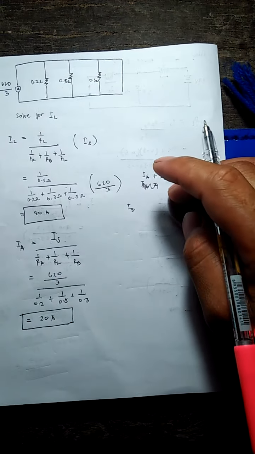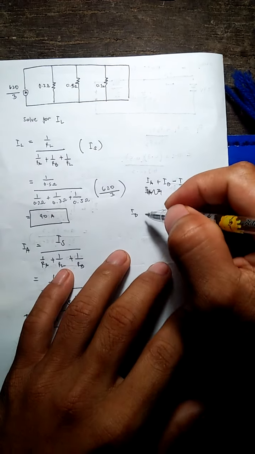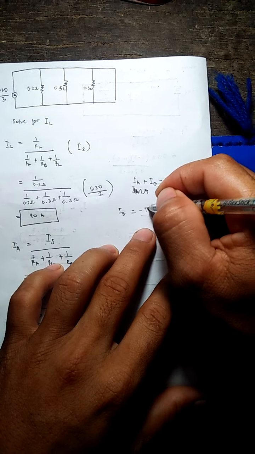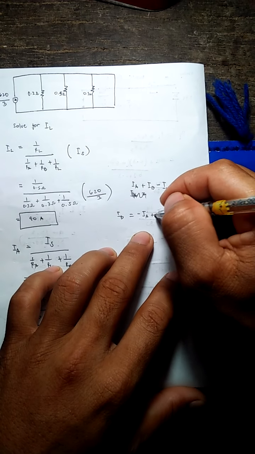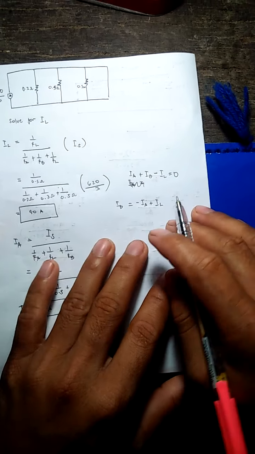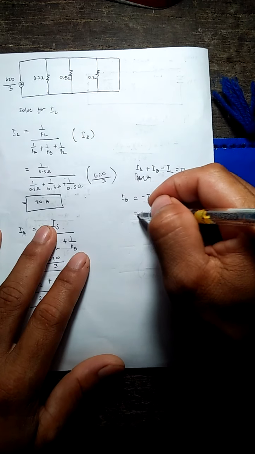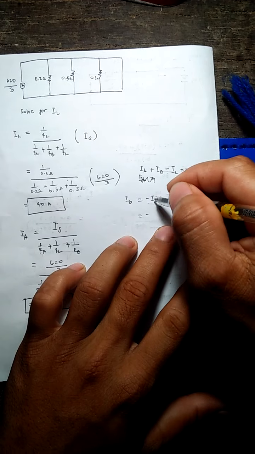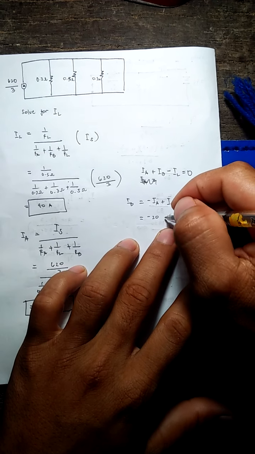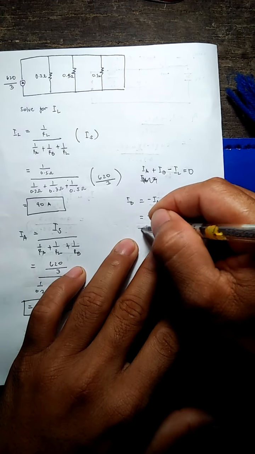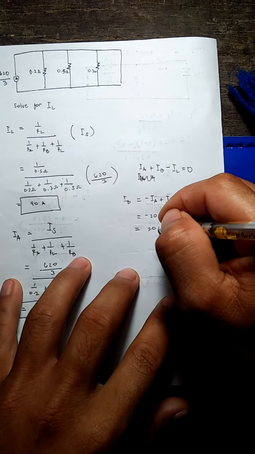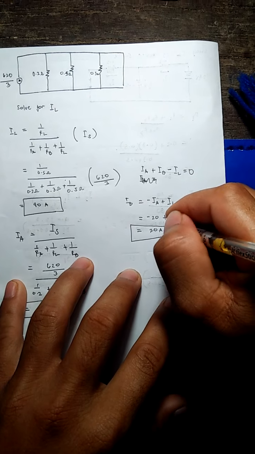Solving for IB, we transpose IA and IL, so negative IA plus IL is equal to our IB. By substituting the given values, our negative IA is 20, plus IL is 40. So it will have negative 20 plus 40, which is 20 ampere. So this is our IB.